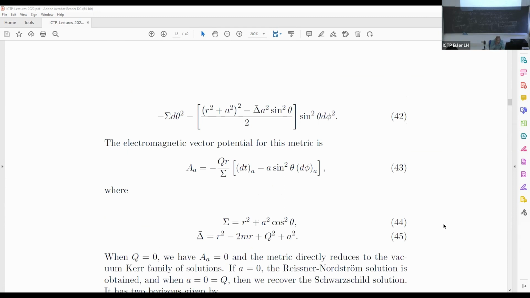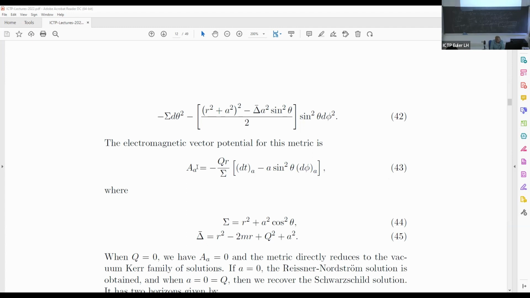This vector potential will give us the Maxwell field tensor, and from that Maxwell field tensor we will get the energy momentum tensor for this electrically charged situation. As I mentioned earlier, we will not only solve Einstein equations, but actually we will have the Einstein-Maxwell field equations. And this Maxwell tensor comes from equation 43, which is the electromagnetic potential.